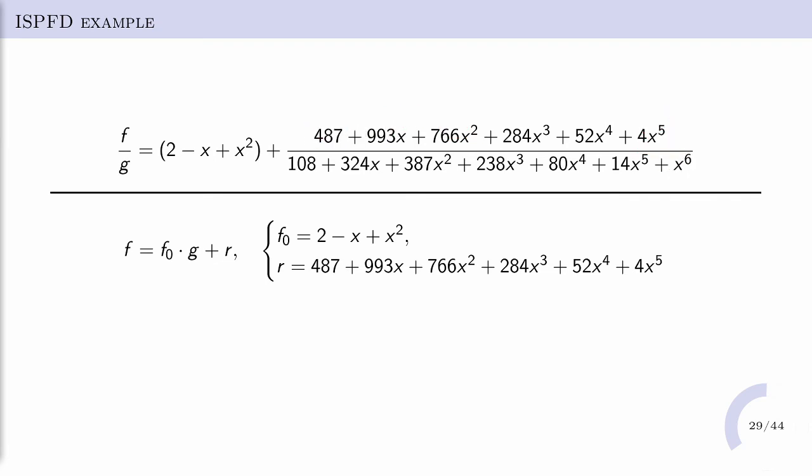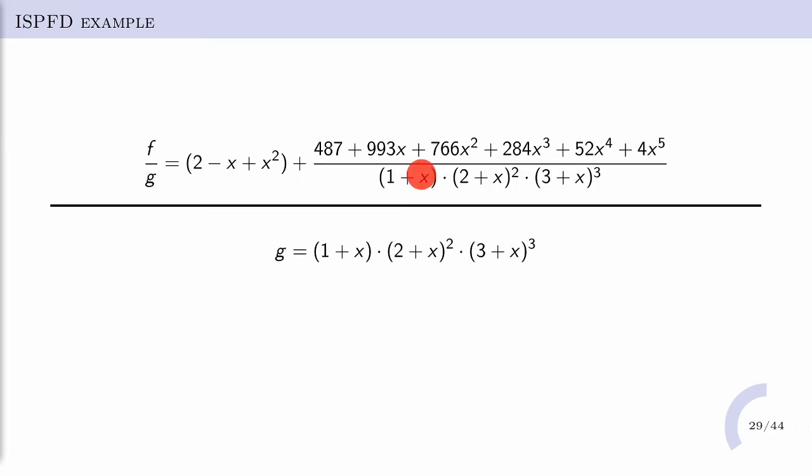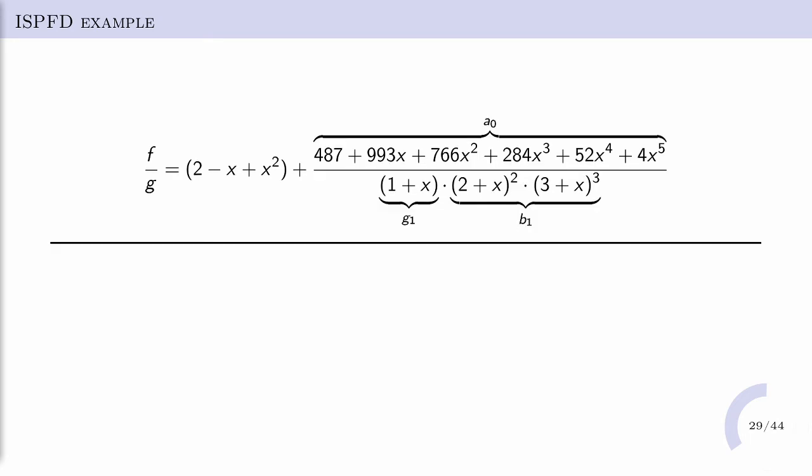Now, in the next step, we compute the square-free decomposition of the denominator, and we see that the denominator is a product of g1, g2 squared, and g3 cubed. We separately treat g1 and the rest.